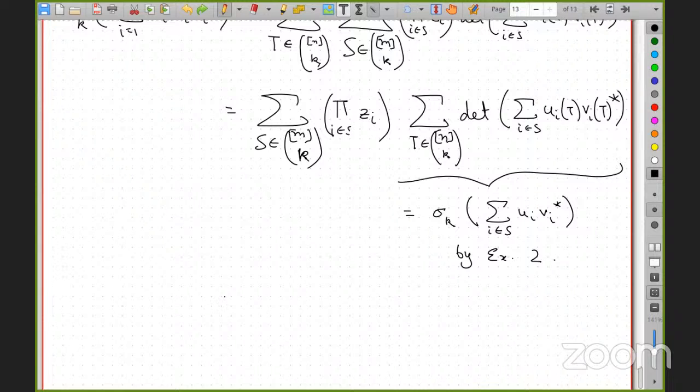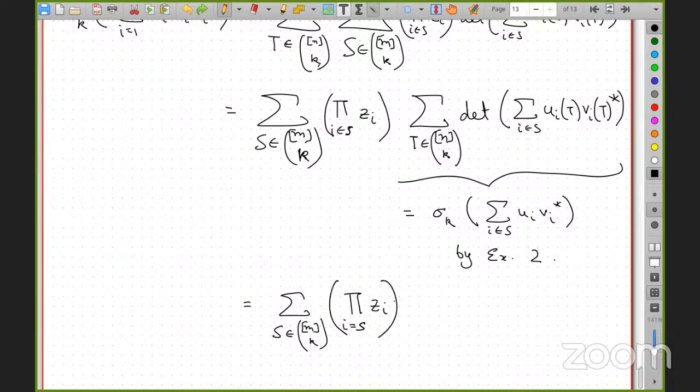So this is equal to s. The important thing to remember here is that the two kinds of subsets behave differently: the subsets of coordinates and the subsets of the vectors.